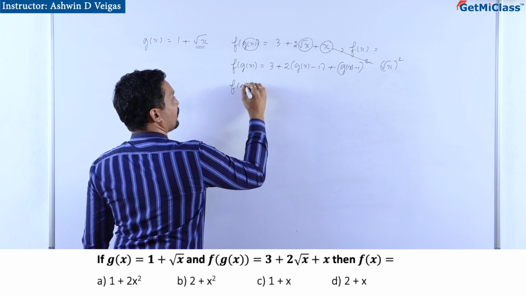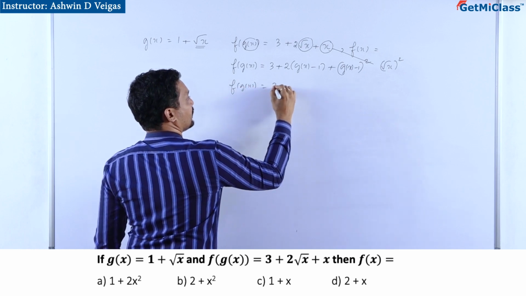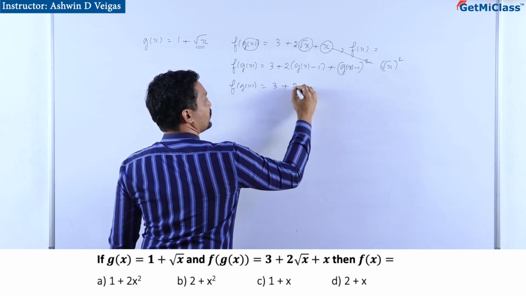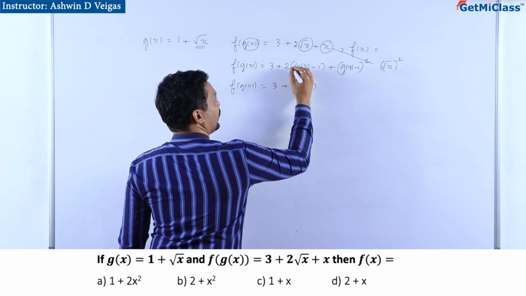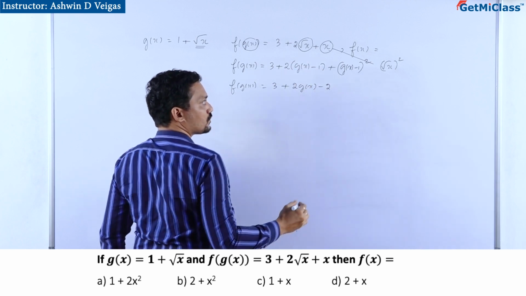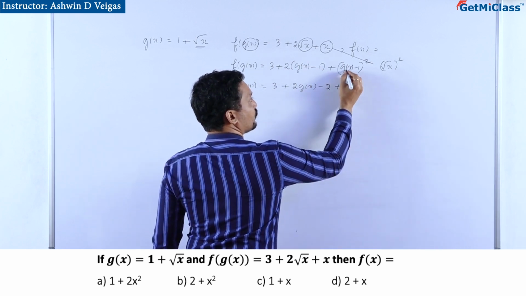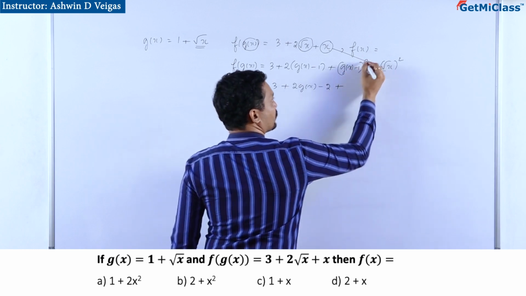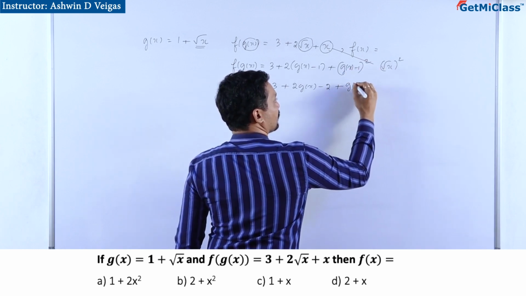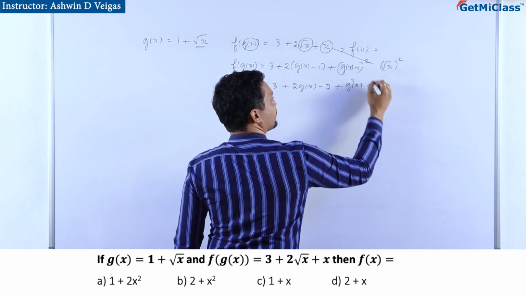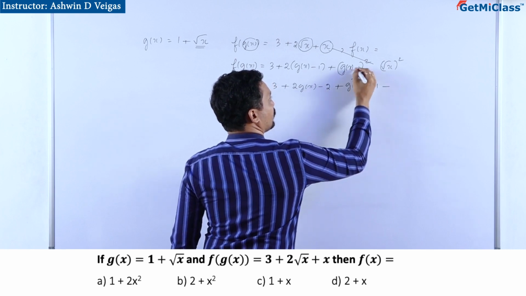So, f of g of x is equal to 3 plus 2 g of x, and 2 into minus 1 is minus 2, plus, here we can use a minus b the whole square, so it is a square plus b square minus 2ab.